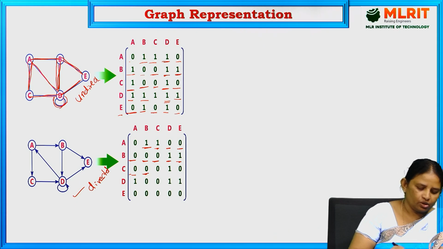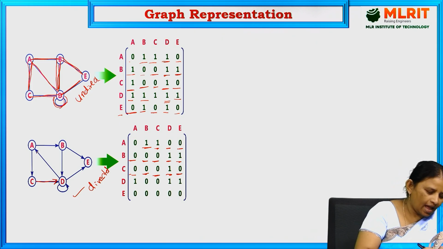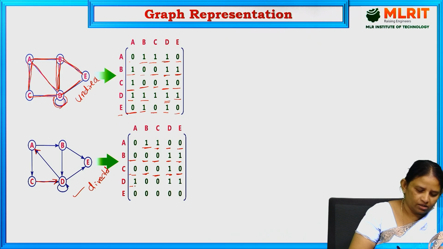C to C, no edge. C to D, arrow mark is there, 1. C to E, no edge, 0. D to A, arrow mark is there, 1. D to B, no arrow mark, 0. D to C, no arrow mark. D to D, self loop is there, 1. D to E, arrow mark is there, 1.